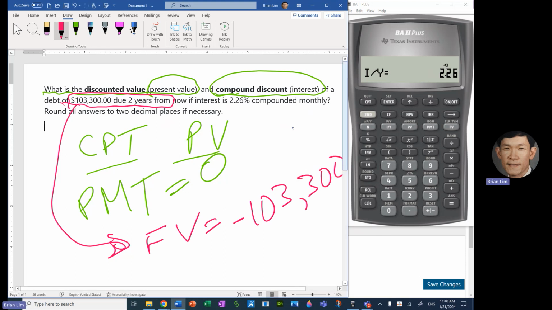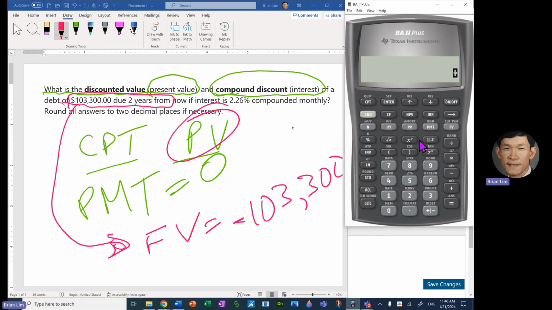We might want to put that in as negative, so we'll get a positive value when we compute the present value. So let's input those 2 items, 0 for payment and 103,300 for the future value, as negative. Then we compute the present value, and that should be the answer.